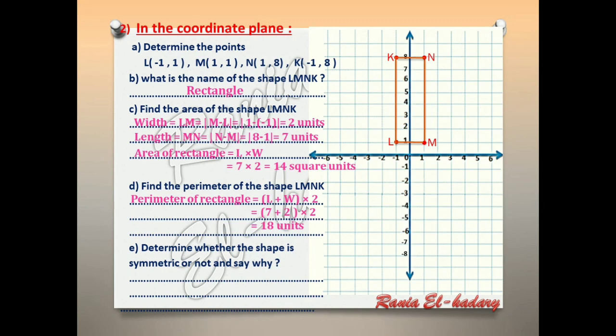Letter E. Determine whether the shape is symmetric or not and say why. Is the rectangle symmetric or not? Yes, it's symmetric. Why? Because it has two lines of symmetry.